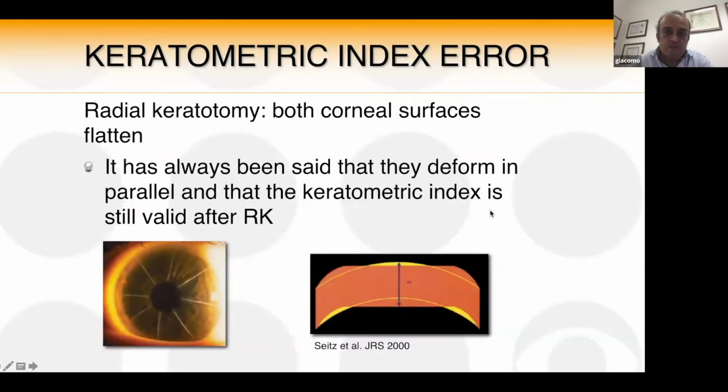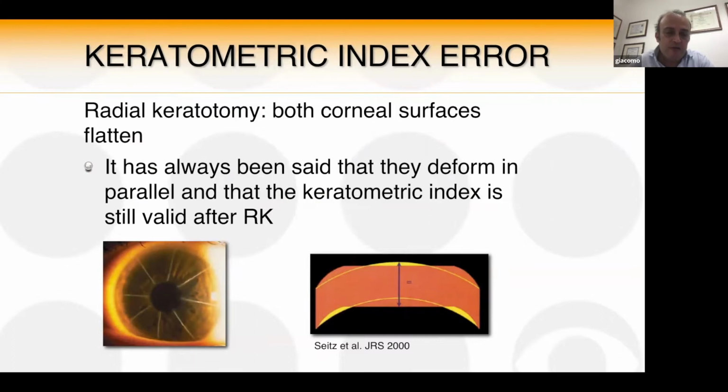And so you understand that the keratometric index error is one of the main sources of error, because it leads to an overestimation of corneal power after myopic surgery. And if you overestimate the corneal power, you underestimate the IOL power and you get hyperopia.